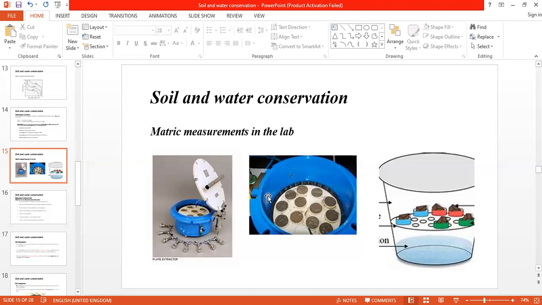But because it's a project, there are some conditions on how to use the data that is generated.